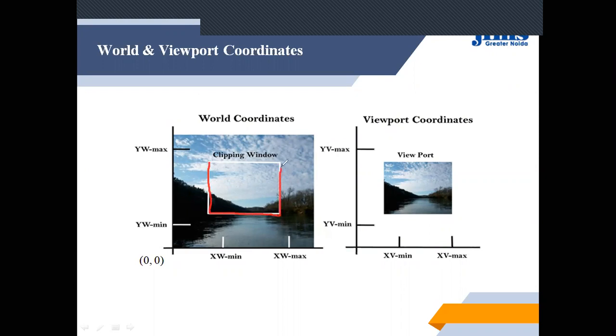So this is the size of my window. This is called XW minimum. As we discussed, the size of this on X axis, XW maximum, YW minimum, and YW maximum.